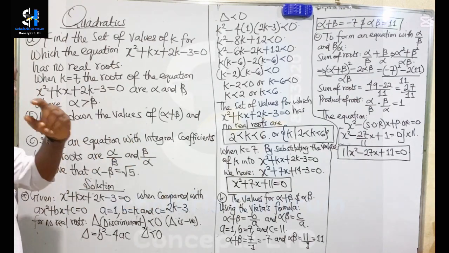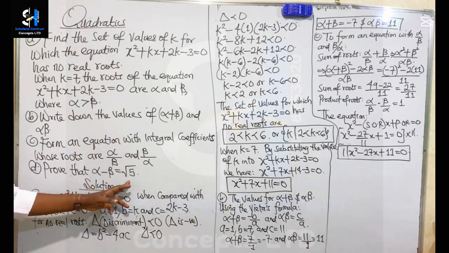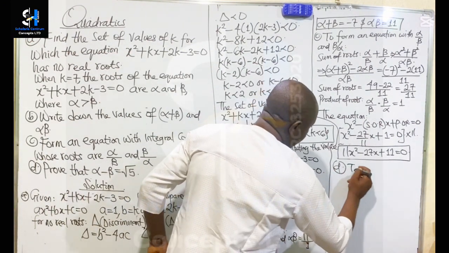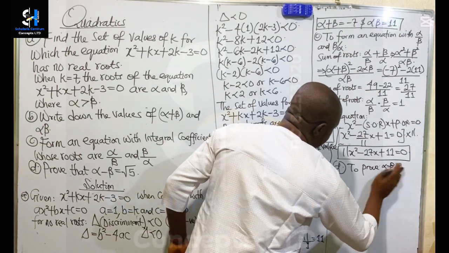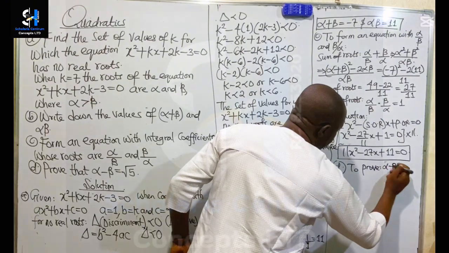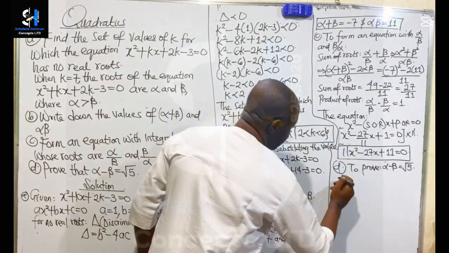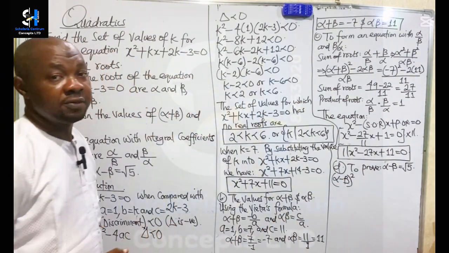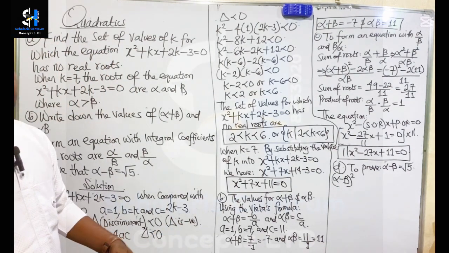Now the last question is for us to prove that alpha minus beta equals the square root of 5. What we need to do in this case is consider the square of a difference, one of the algebraic formulas.